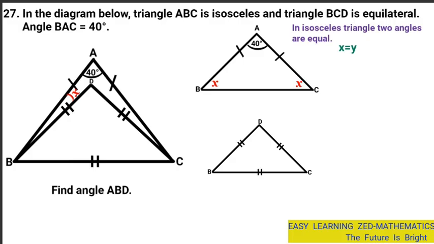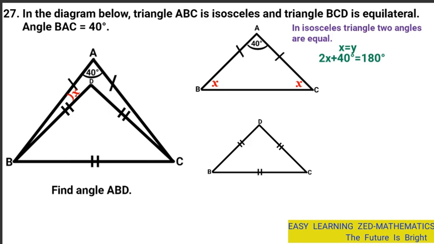So we can say 2x plus 40 degrees is equal to 180 degrees. Remember, we want to find the value of x. Wherever there is x in the triangle, we're going to put in the value we find. Coming back to our expression, 2x plus 40 degrees is equal to 180 degrees.